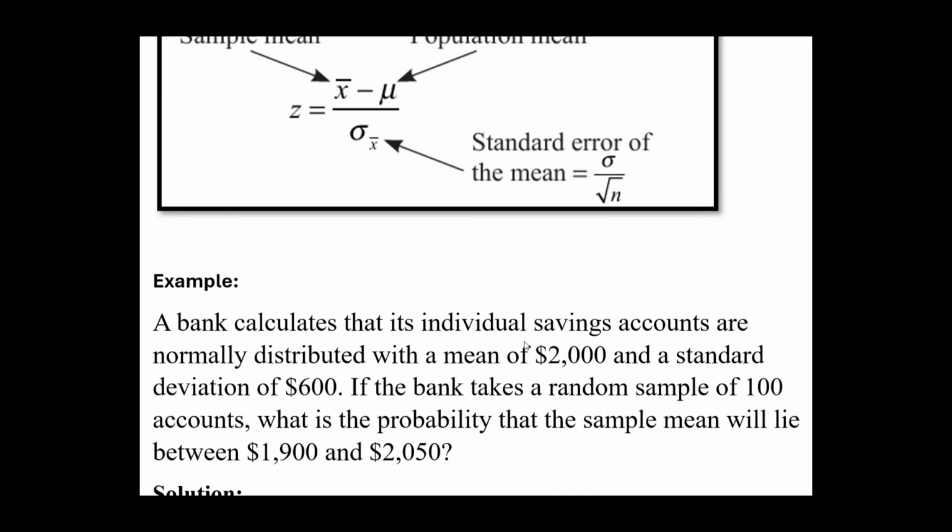Individual savings accounts which are normally distributed with a mean of $2,000 and a standard deviation of $600. If the bank takes a sample of 100 accounts, what is the probability that the sample mean will lie between 1900 and 2050?